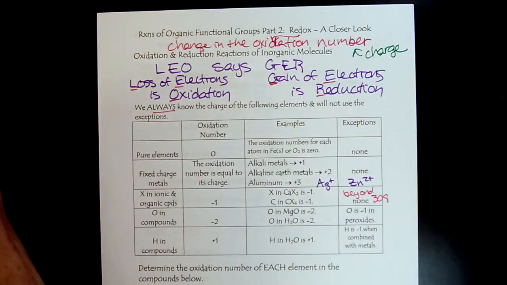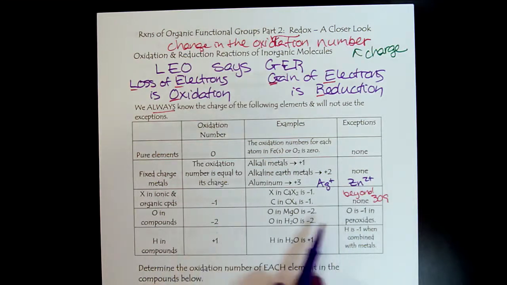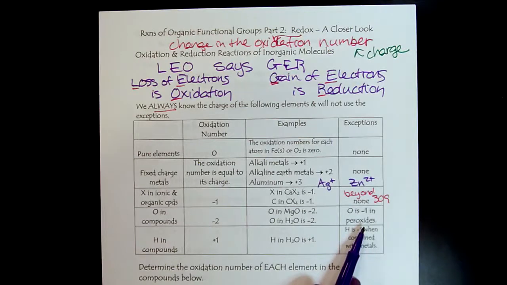Oxygen for our class will always be -2, whether it's in an ionic compound or a covalent compound. I will never be asking you questions with peroxide, the exception. And I will never ask you about hydrogen as hydride, the -1. So we'll always see it as +1.